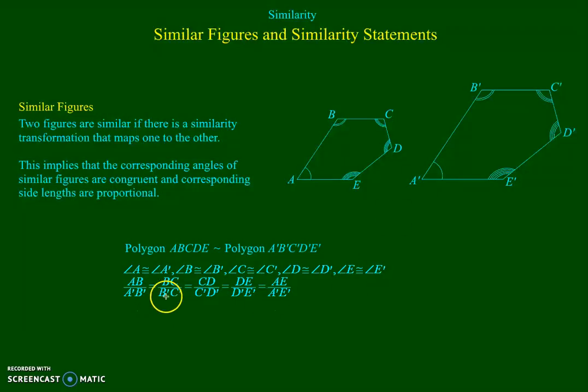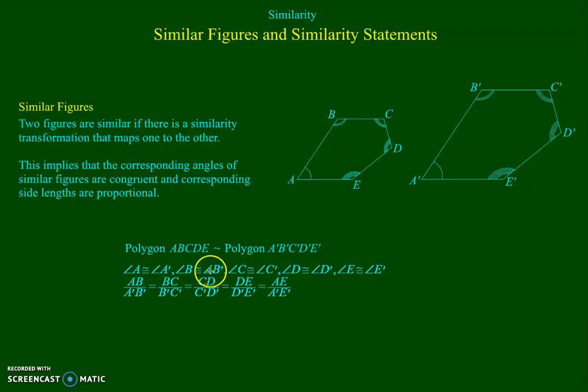So the scale factor for these values must all be equal. So AB corresponds to A prime B prime. So the ratio of AB to A prime B prime must be equal to the ratio of BC to B prime C prime, and so on. So the ratios of all corresponding sides must be equal. And that is what makes this a proportionality statement.